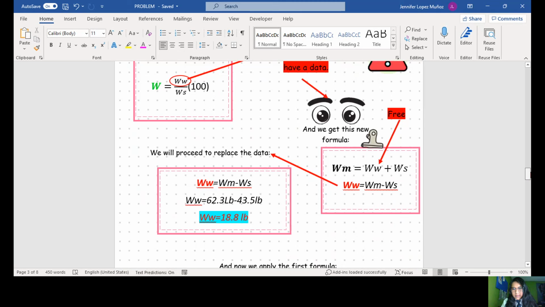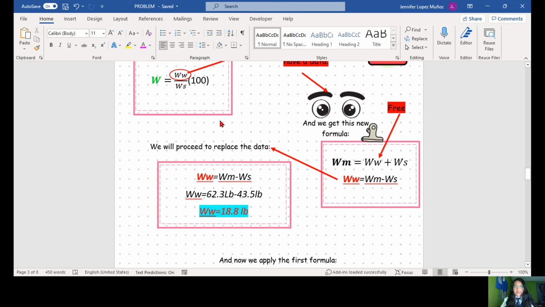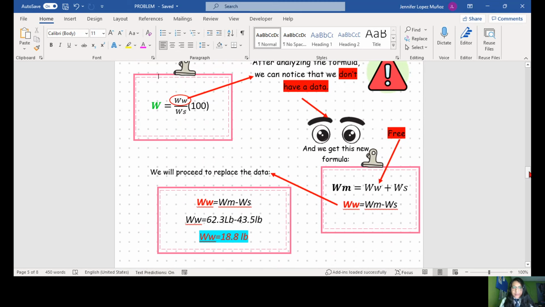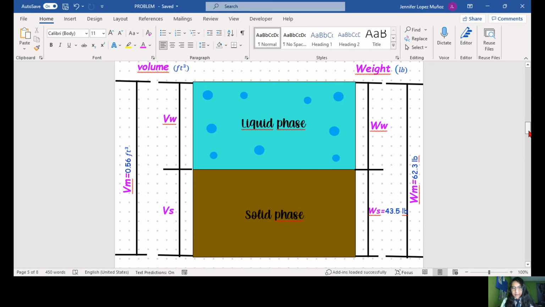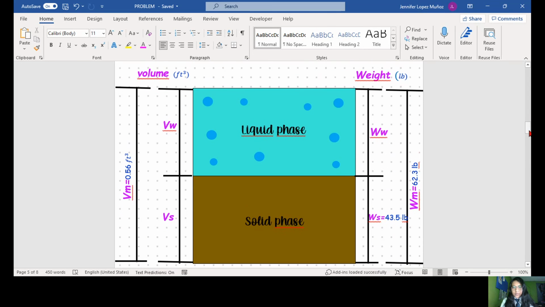In this case, I have the water weight, but I have the formula corresponding to the sample weight.